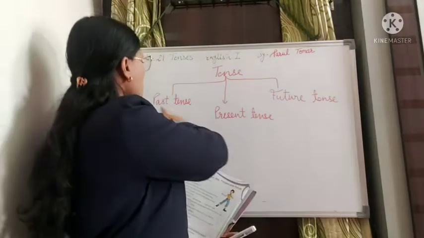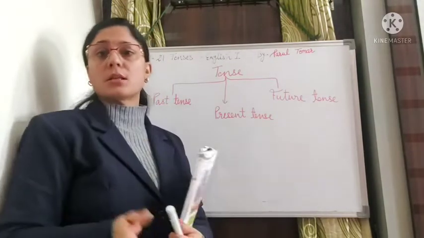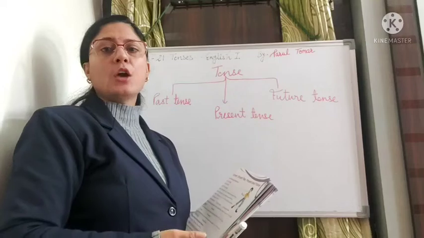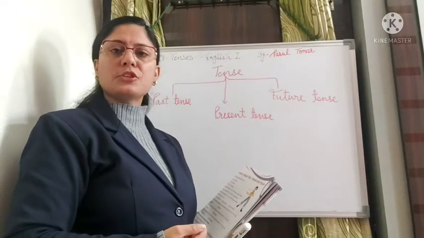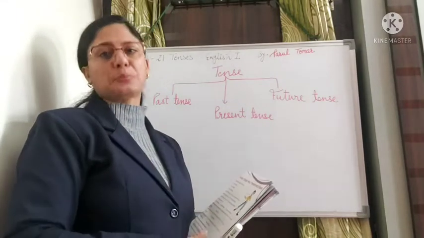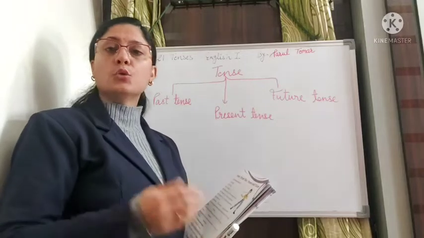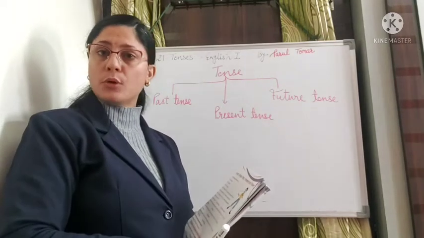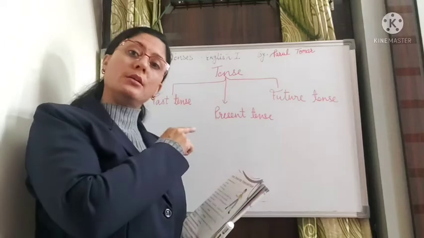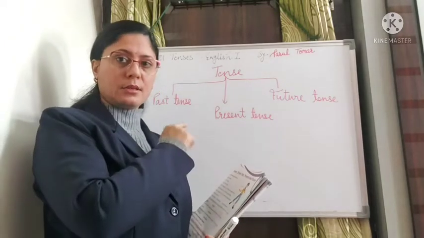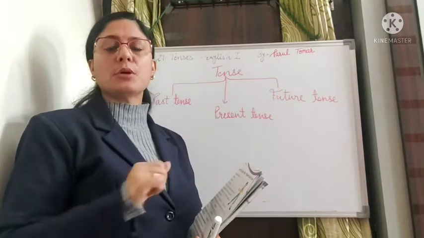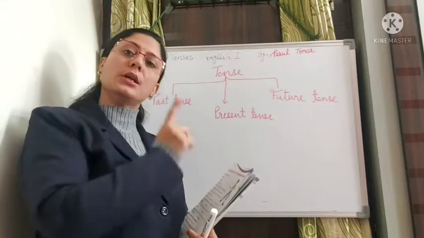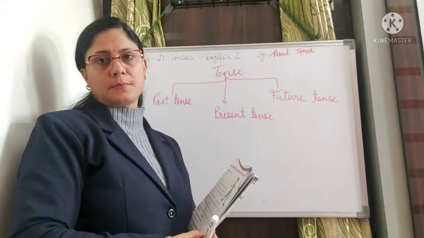First is past tense. Past, as we can understand from the name itself, is something that has already happened. Like you were in UKG, now you are in first standard. Right now you are in first standard, but you were in UKG.